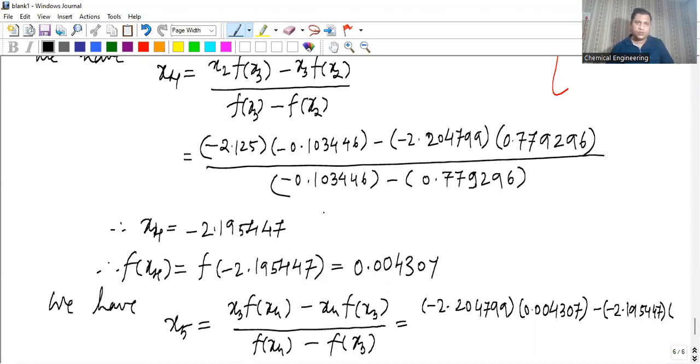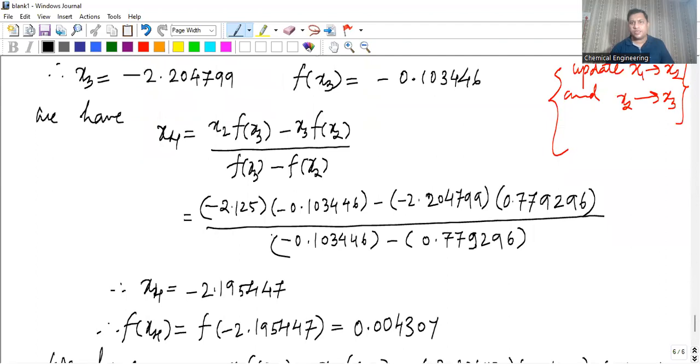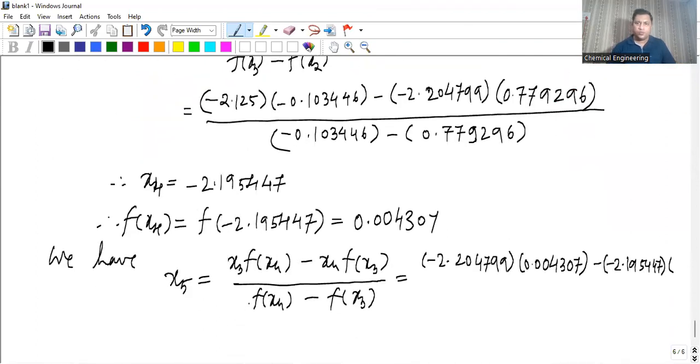Okay, so that we have calculated. f of x3 is minus, and we can write here.